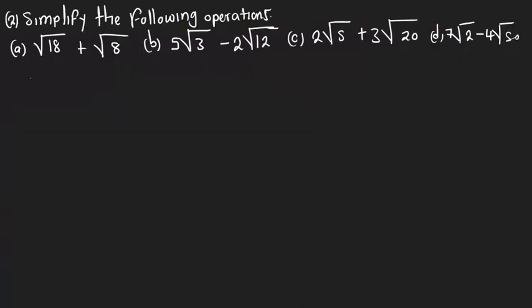To perform these operations, let's start with the first one. We have the square root of 18 plus the square root of 8. Different bases, we can't even add them. But there is a way in which we can simplify them.